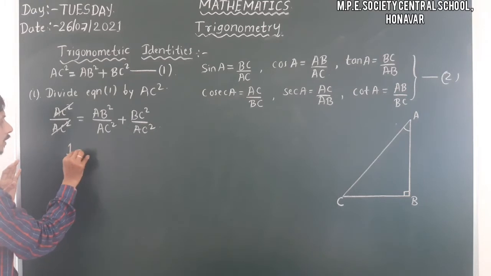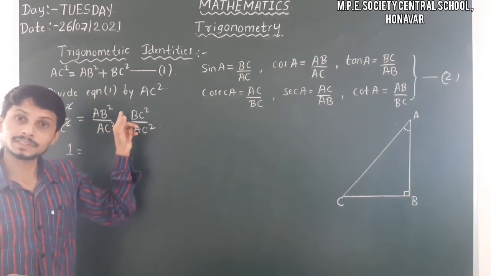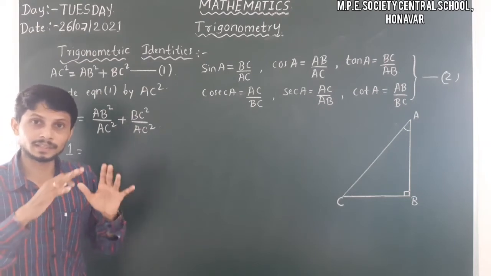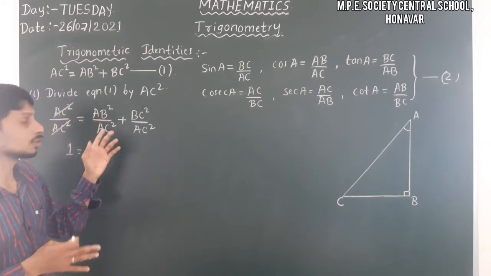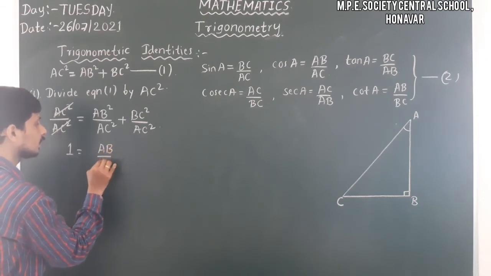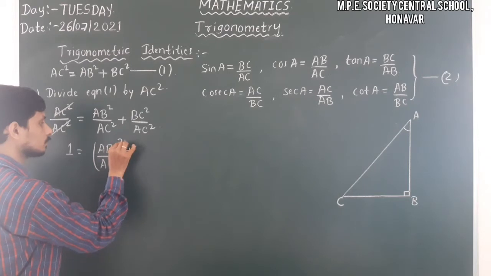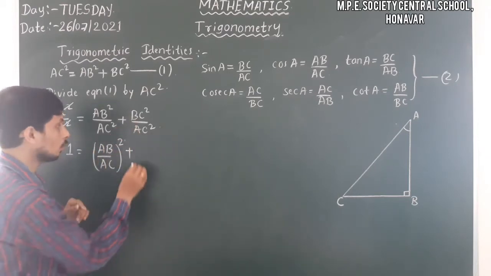Here we have 1. Then observe AB square by AC square. Both the powers are the same, so we can take the ratio into the bracket, that is AB by AC whole square plus BC by AC whole square.